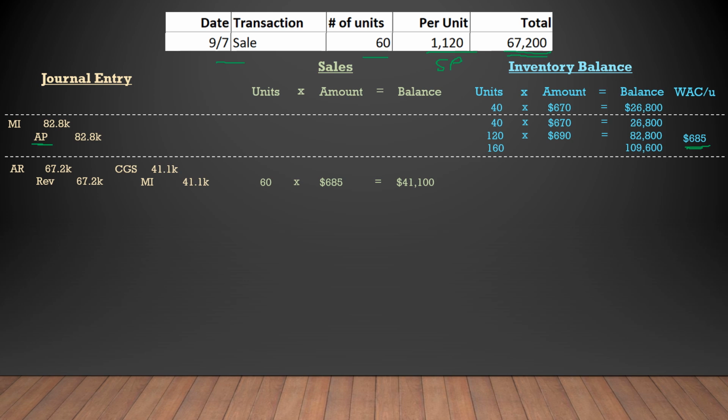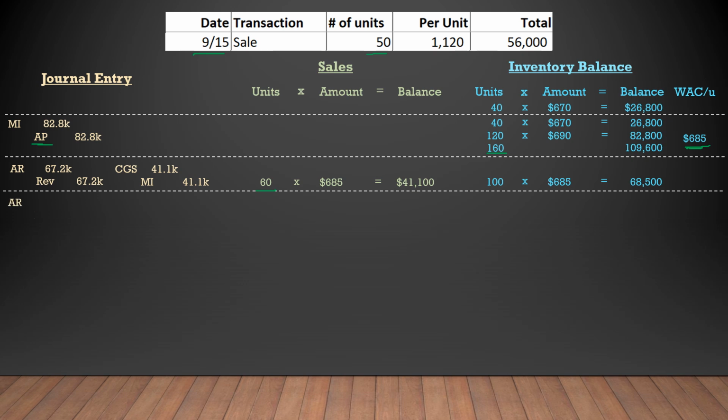How much inventory do we have left? Well, we had 160 units and we just sold 60 units, so we have 100 units left at an average cost of $685, or $68,500. On September 15th, we have another sale of 50 units.